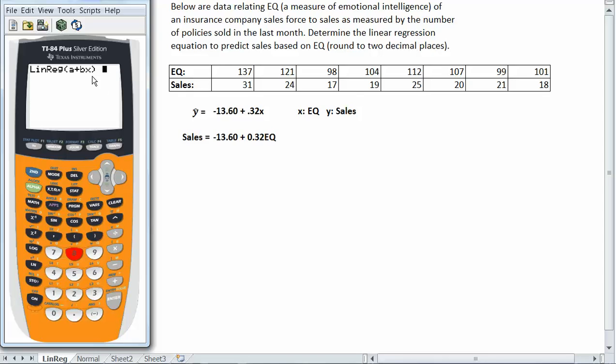You just get this choice right here. And what it's doing is it's asking you, where is the data? Where's the X data? Where's the Y data? Well, the default is X is in list 1, Y is in list 2. So actually we can just hit enter because that's where we put our data. And notice we get the same results.